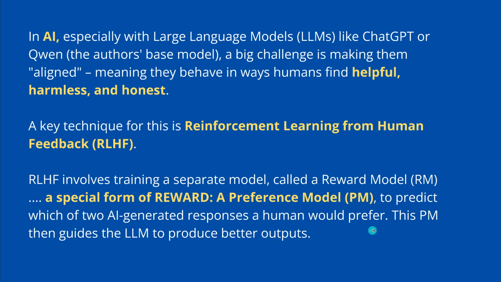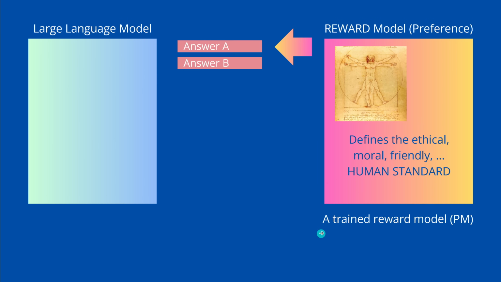And of course, we do this today in a synthetic way. So we have here now a preference model, or a reward model to be more correct, that guides now the LLM, the large language model, in its own alignment to be friendlier, harmless, honest, exactly like humans want the AI to be, to produce better outputs that align with human expectations.